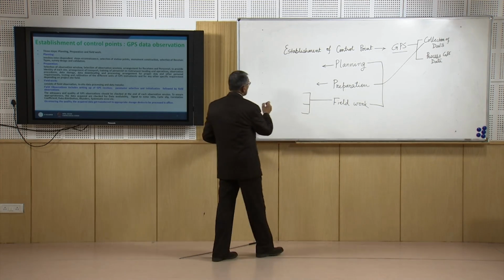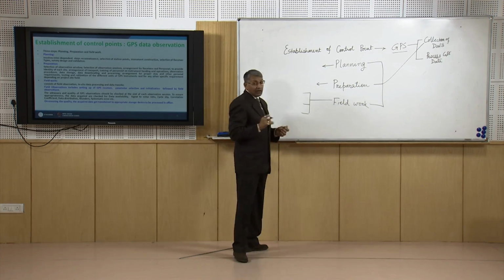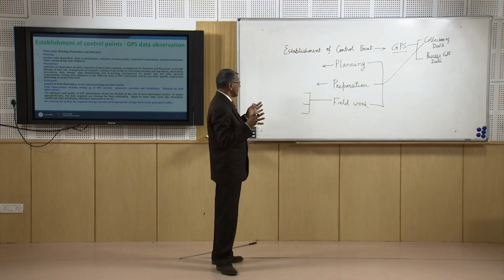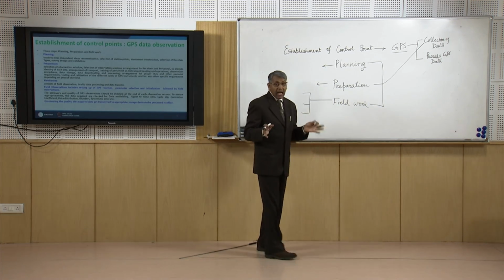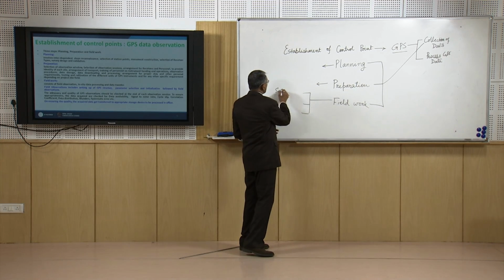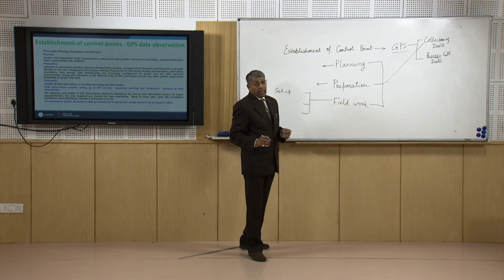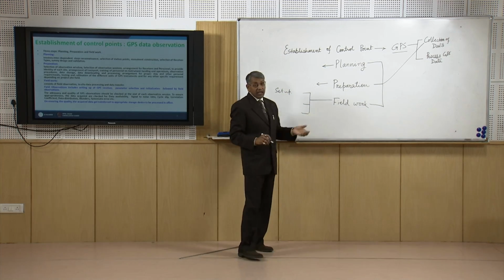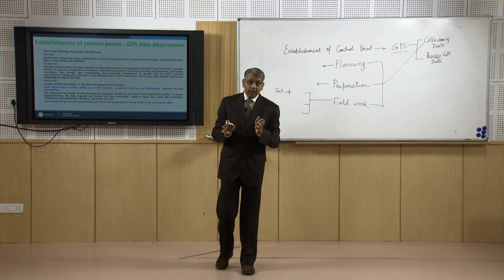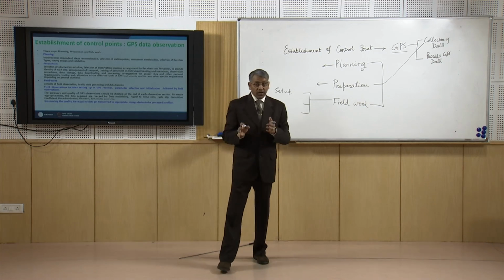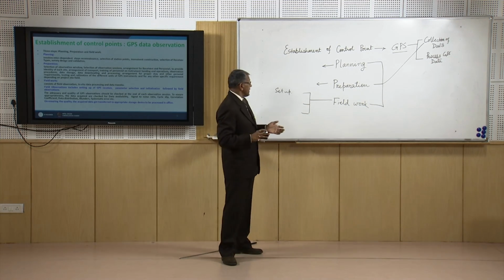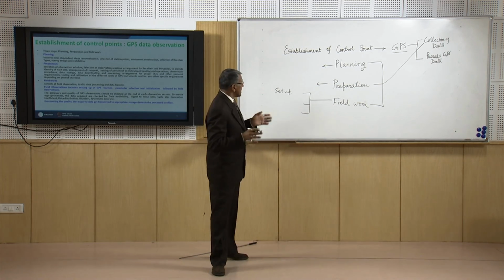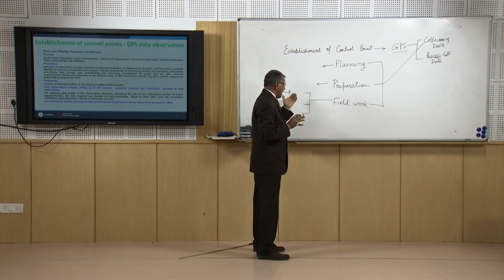First, we have to ensure that we have reached the station location where we want to get our data, and we should set up our instrument properly, in such a location which is stable in nature, where the availability of GPS signals is proper.